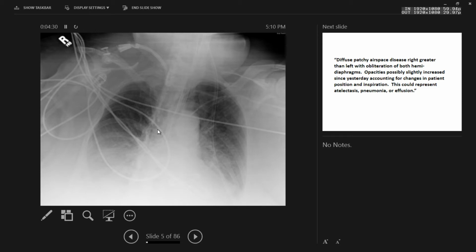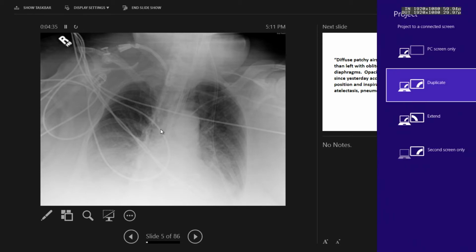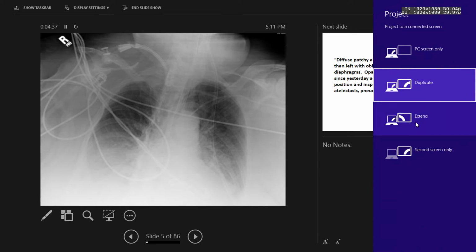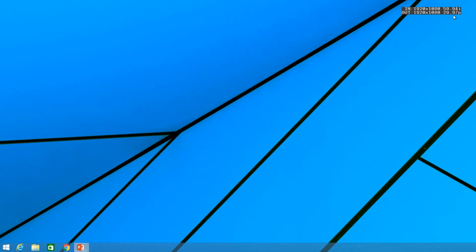I think you have to have the mouse over this side.